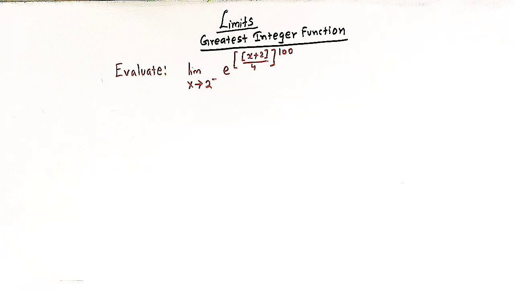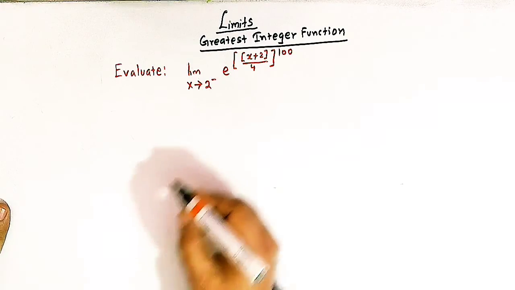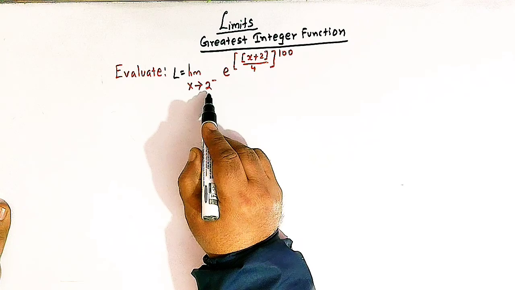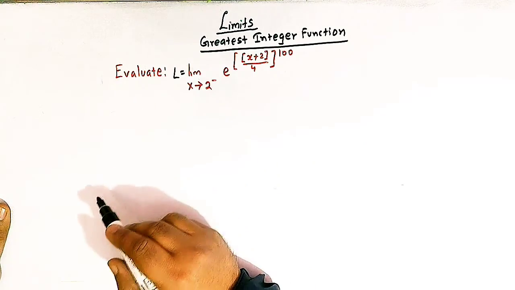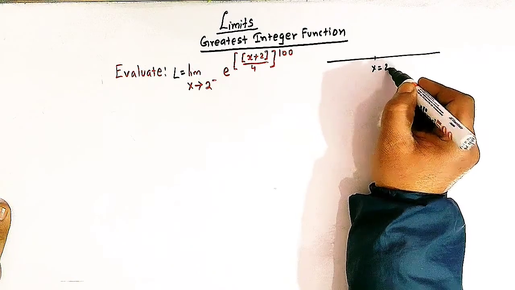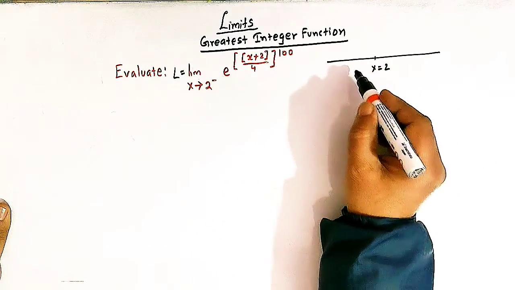So here we'll evaluate this limit with the help of some important properties of greatest integer function. So let us call this limit as L. So here x approaches 2 from the left, and we have to find the left hand limit.